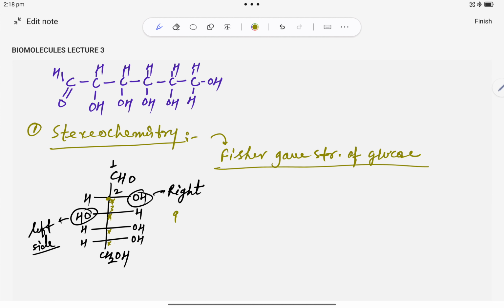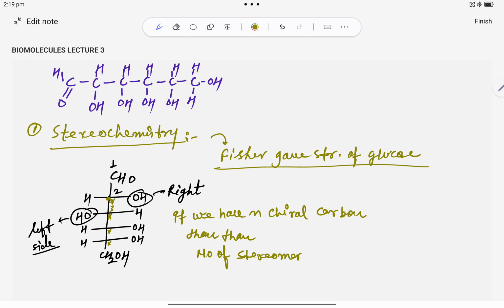So if we have n chiral carbons, then the number of stereoisomers is equal to 2 to the power n.